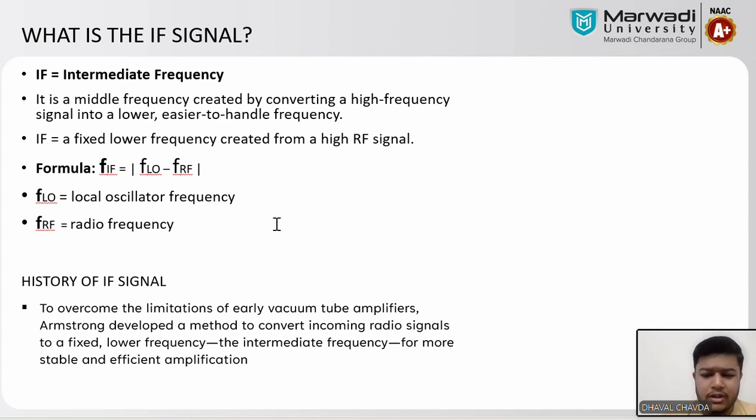Now what is local oscillator and radio frequency? We will look at it. There is a system for receivers, the superheterodyne receiver, in which an antenna captures signals. From there the wave goes to a block, and below that block there is a local oscillator and a mixer.